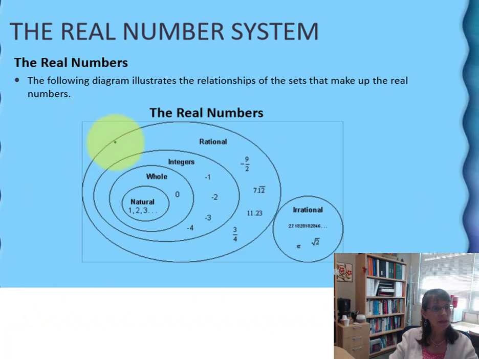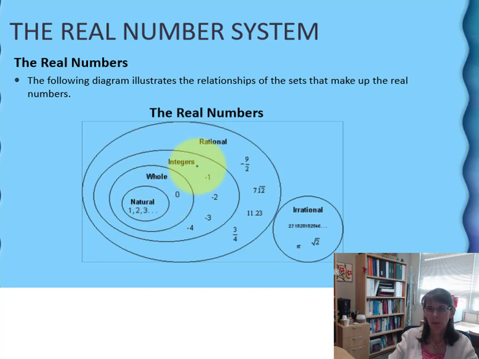Now here we have an illustration of how all of the subsets under the real number system are related to each other. If we begin in the center with the natural numbers, 1, 2, 3, and continuing, we go to the next layer, which now includes 0 along with 1, 2, 3, and other positive numbers.